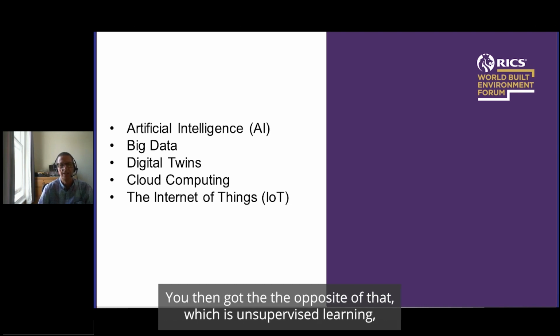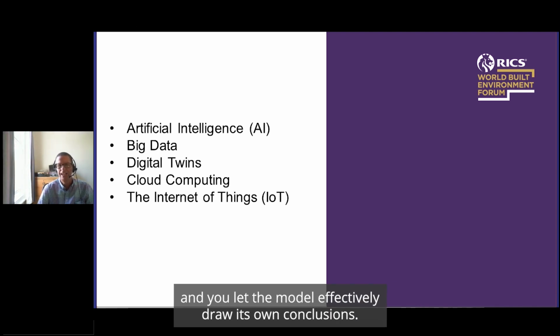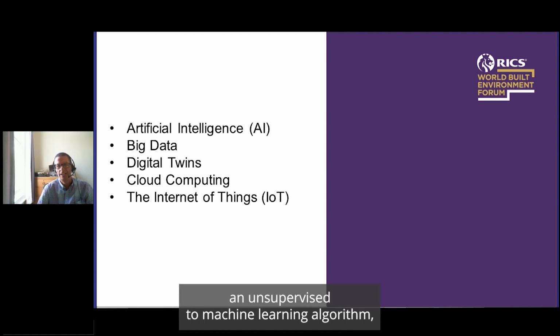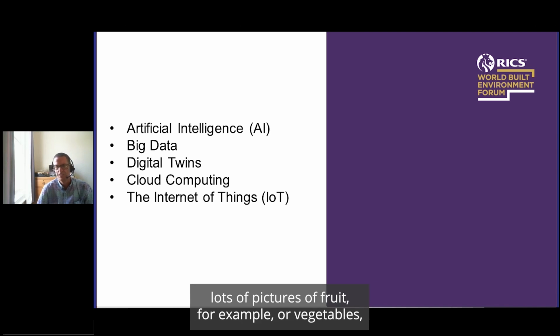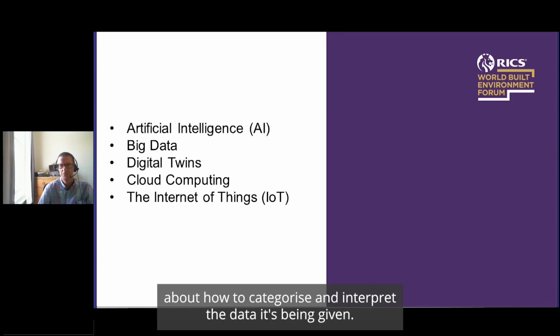You then get the opposite of that, which is unsupervised learning, where you essentially give the model a whole data set and let the model draw its own conclusions. Here you might use, perhaps not a great example for the built environment, lots of pictures of fruit or vegetables, and the algorithm would begin to make its own decisions about how to categorize and interpret the data it's being given.